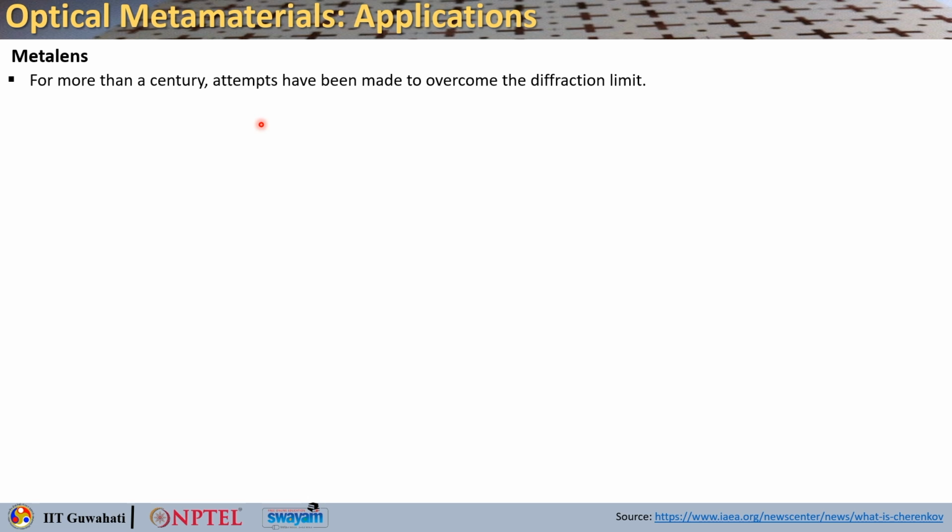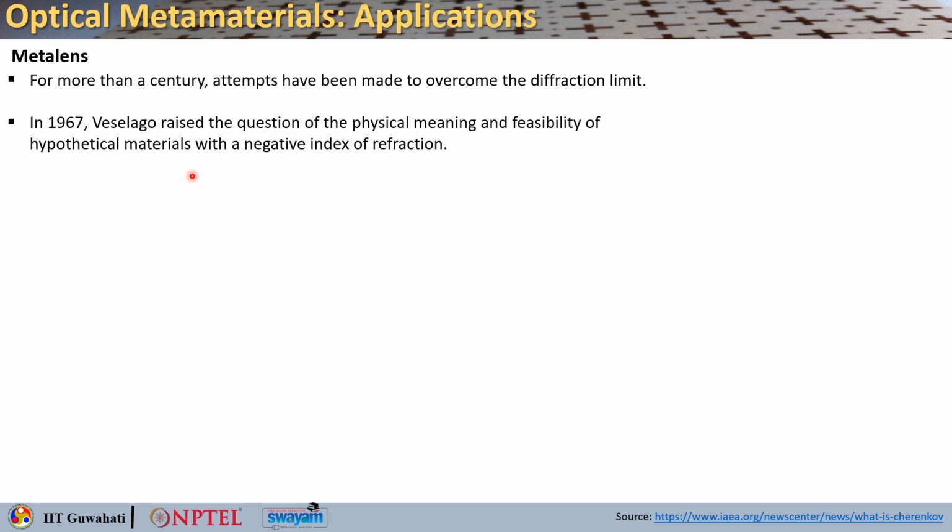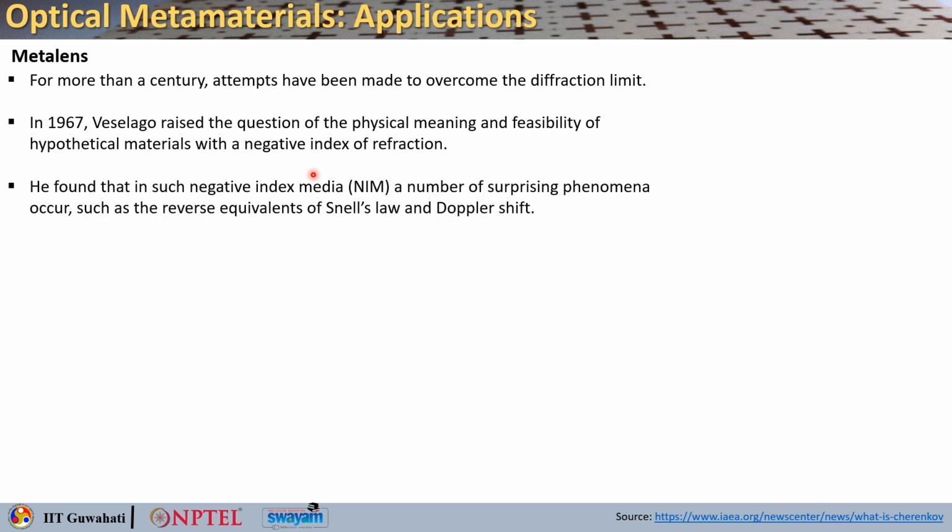For more than a century, a lot of attempts have been made to overcome the diffraction limit. In 1967, Veselago raised the question of the physical meaning and feasibility of hypothetical materials with negative index of refraction. He could see that in a negative index medium, a number of surprising phenomena occur, such as reversal of Snell's law or of the Doppler shift.